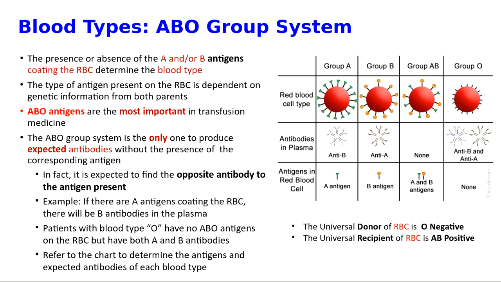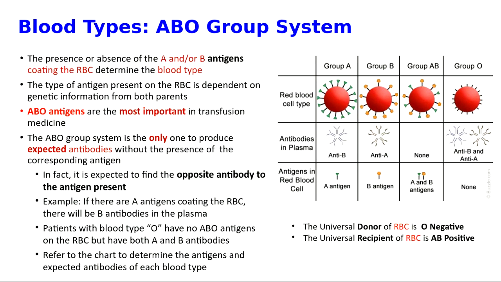I can tell you a test question could be: this patient has anti-A antibodies in their plasma. What is the antigen that they are expected to have on the red blood cells? So you should automatically know that if they have anti-A antibody, they will have the B antigens on the red blood cells.